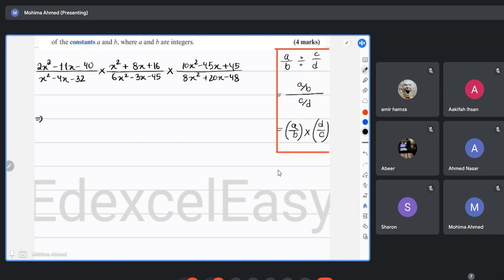In that case, we have 2x squared, 11 and minus 40. We're going to get x minus 8 and 5 by 2 for this part. Also, one thing, we cannot skip middle term for this part, by the way.